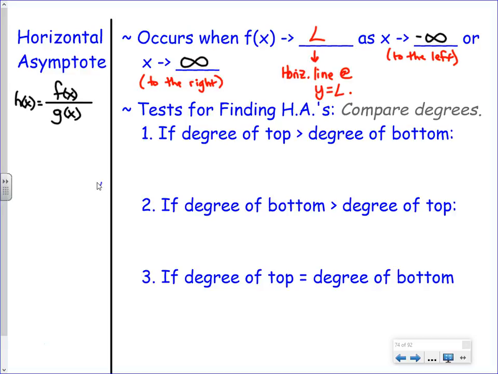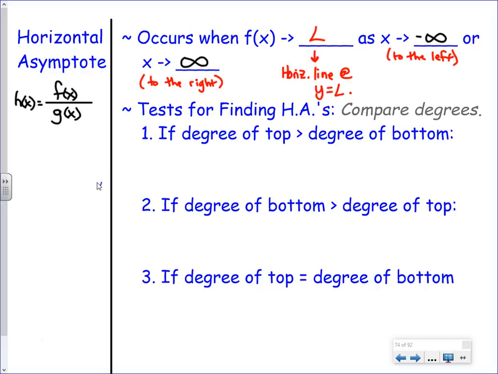How do we do horizontal asymptotes? Well, first of all, you're only going to have horizontal asymptotes of rational functions. Basically, you're going to have a top that's trying to do his own thing and a bottom that restricts him. If the bottom is strong enough, it'll pull the heights towards and limit it by a horizontal line.